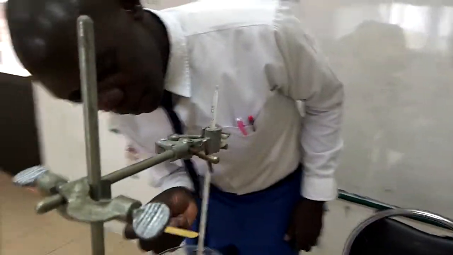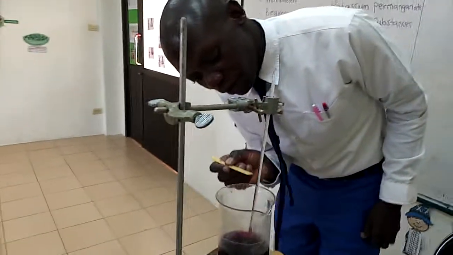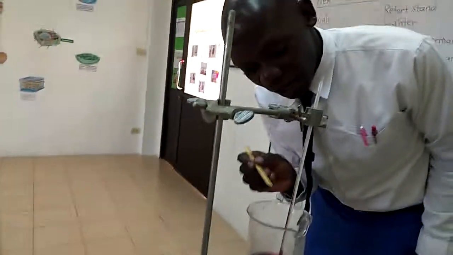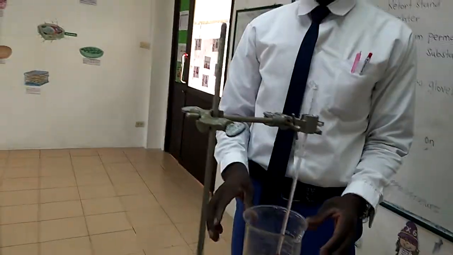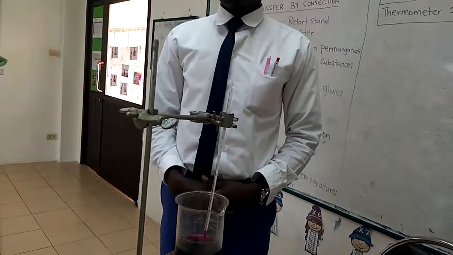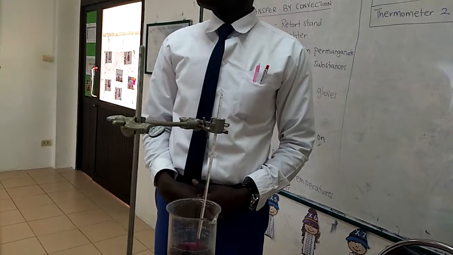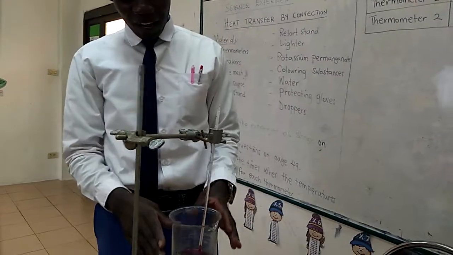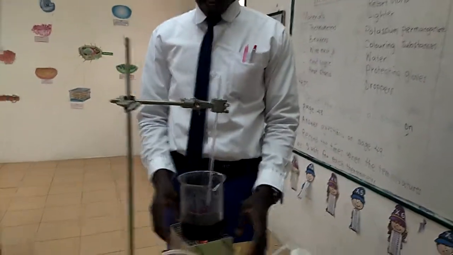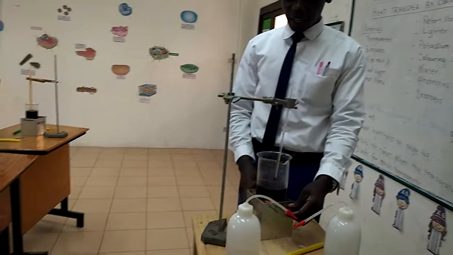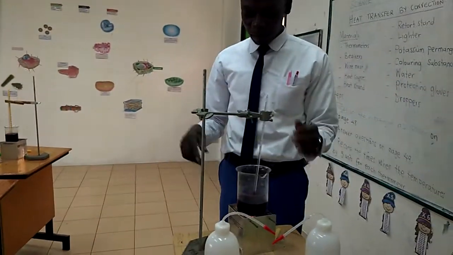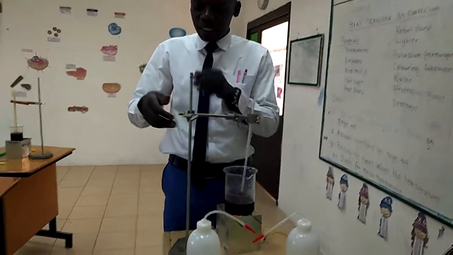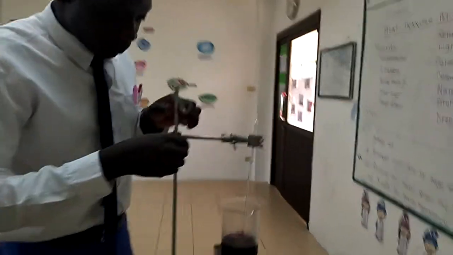So I want to check what will happen to this temperature by the time the potassium permanganate boils. So we want to check what will happen after some time when the potassium permanganate mixes and then boils.